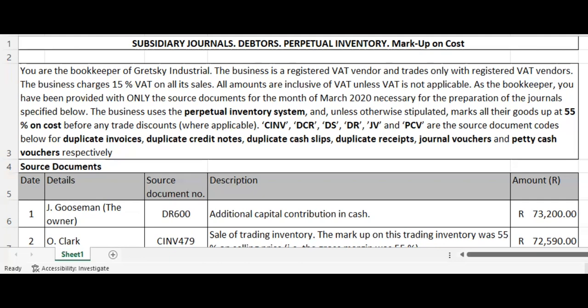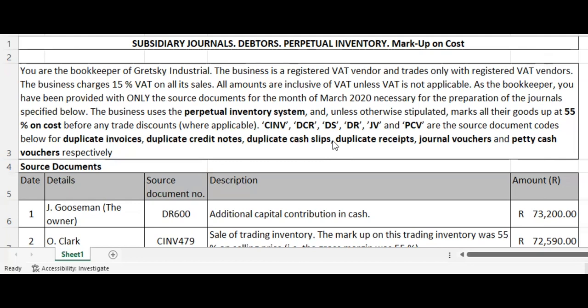In fact, you're not sitting with the source documents. They have given it to you in a table format. It tells you the business uses the perpetual inventory system. That is why I put it on top there. And unless otherwise stipulated, they mark all their goods up at 55% on cost.